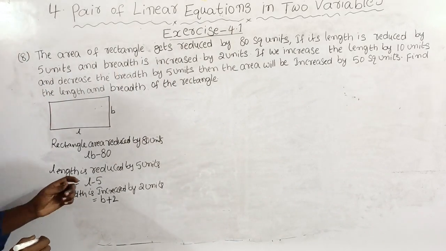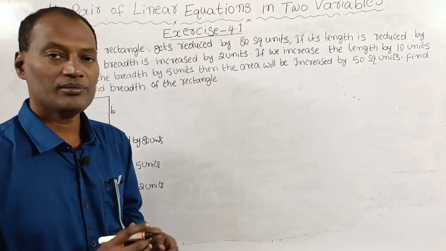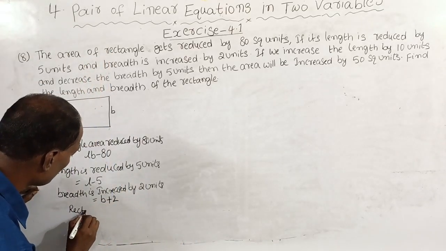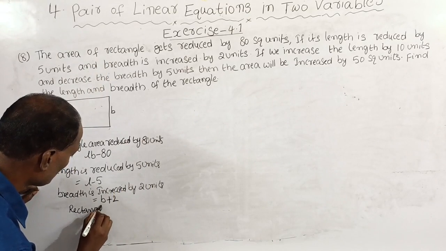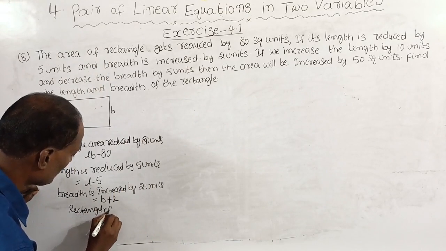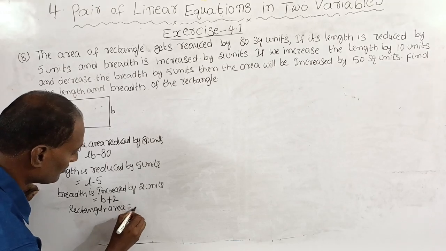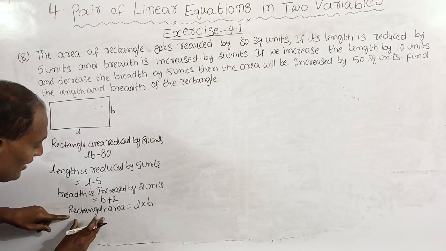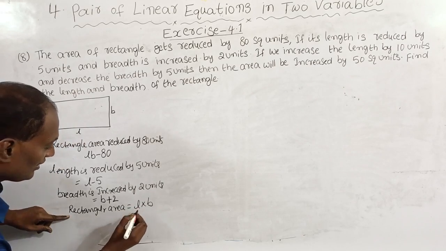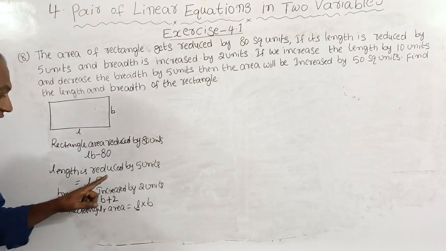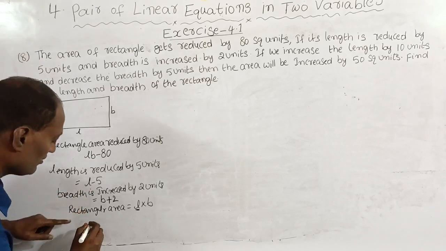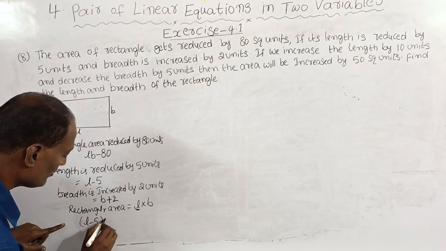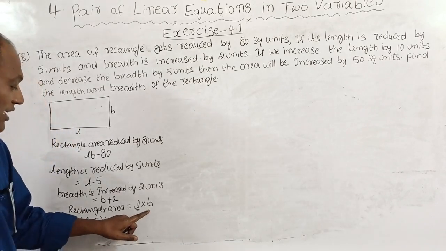What is the rectangle area? Area equals length into breadth. See here, after reducing, what is the length? L minus 5, into breadth.